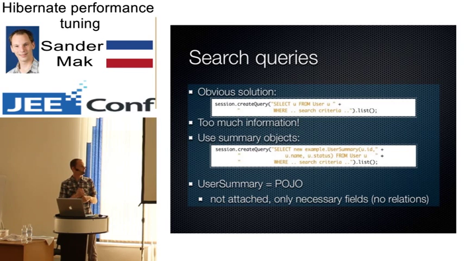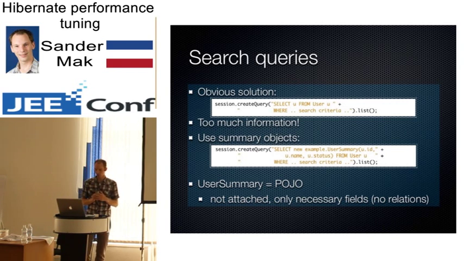So I select the ID, the name, and the status of the user. And the status and the name are shown, and the ID is used to create a link to the next page. And in this case, you will have a much more efficient search result list page. And of course, you have to create this POJO yourself, with the correct constructor, in this case, using 3 fields.